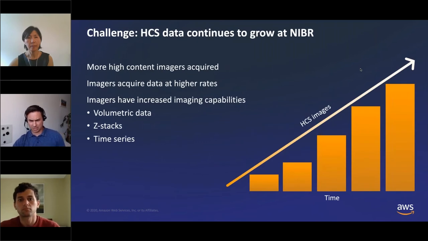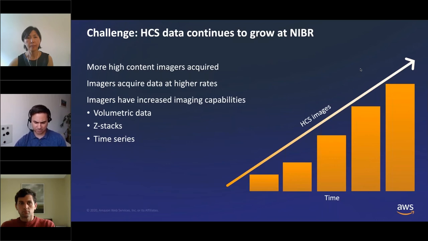So one of the challenges we've had with this type of data is that it just continues to grow, both in pure storage terms, but also in the variety of data. Novartis Institutes for Biomedical Research has multiple sites. We have confocal imagers. We're constantly purchasing and upgrading imagers all the time.